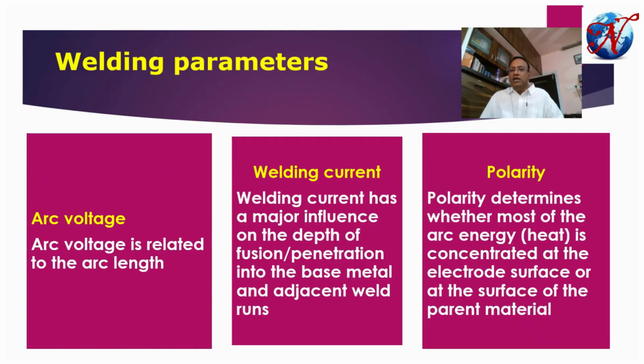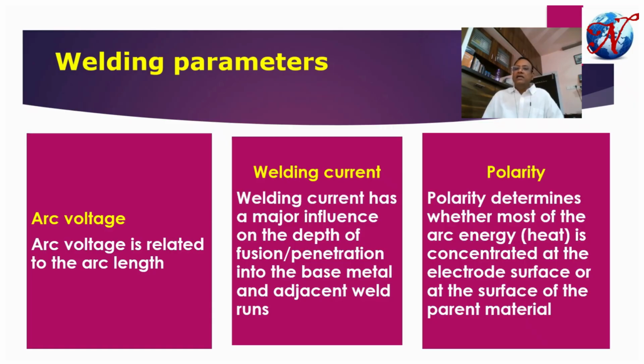When we are considering the welding process, some of the parameters which control the welding need to be known to the welding inspector. These are the arc voltage, welding current, and polarity. Generally, arc voltage is related to the arc length. Welding current has a major influence on the depth of fusion or penetration into the base material and into the adjacent weld run.